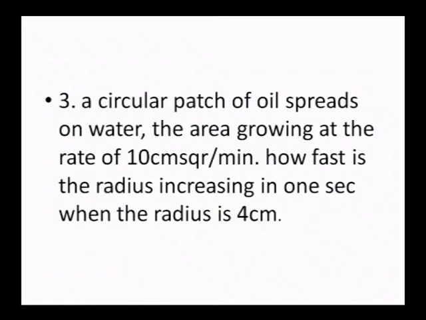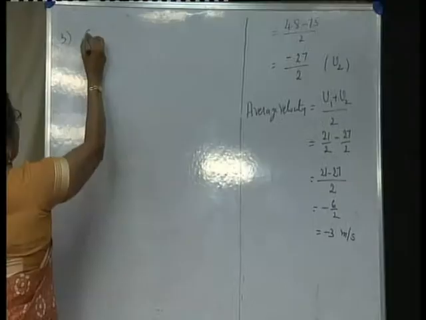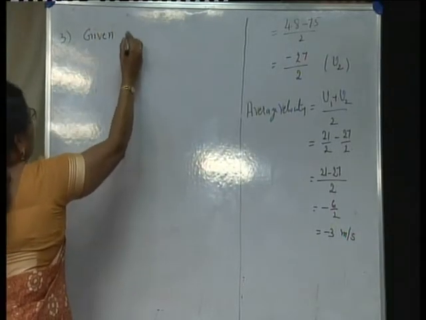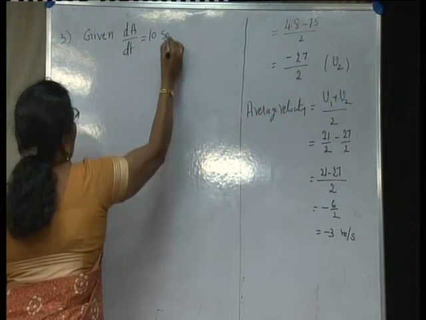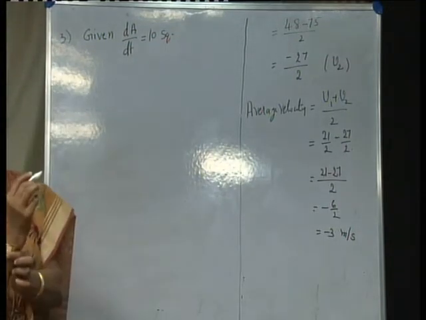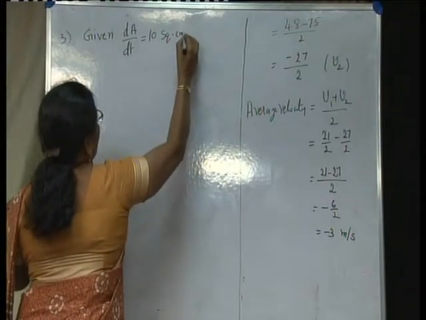Area growing 10 square centimeters per minute: dA by dt, with respect to time. Area increases with respect to time, that is dA by dt is given as 10 square centimeter per minute.